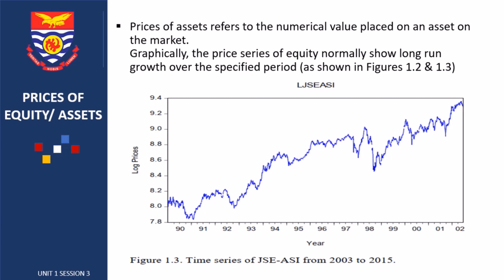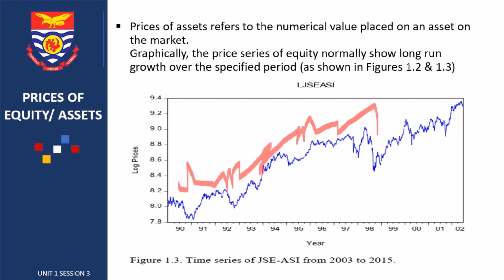Unlike figure 1.2, the Ghana Stock Exchange price, which was in its raw form, here we could see a series of up and down movements, but these movements were not like the raw prices in the earlier example.